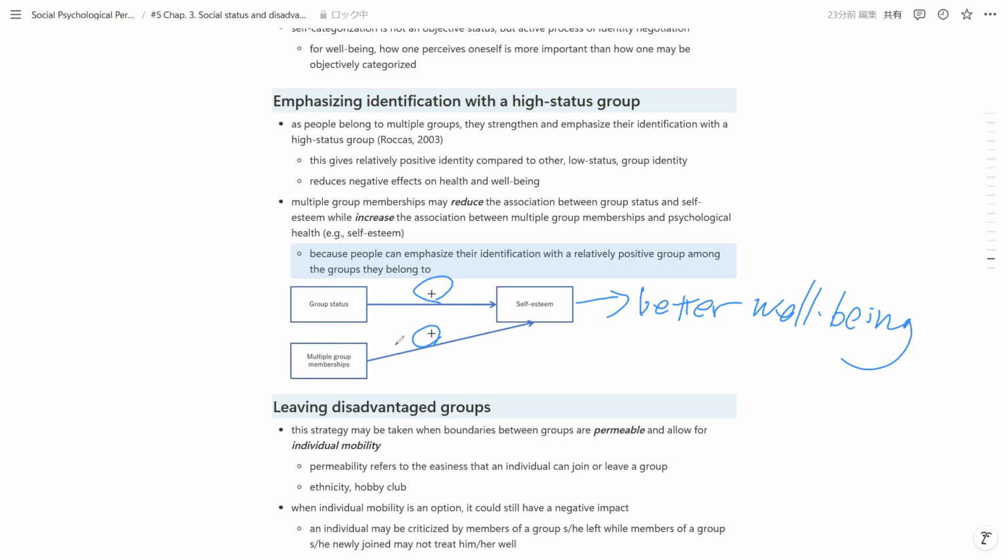And because of that, the general group status that an individual has would have a weaker effect on self-esteem. So it's not really the objective status of group memberships that people have, but how they perceive the importance of each group membership they have. Okay.